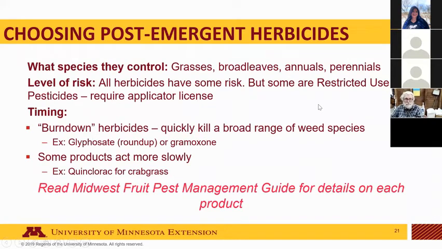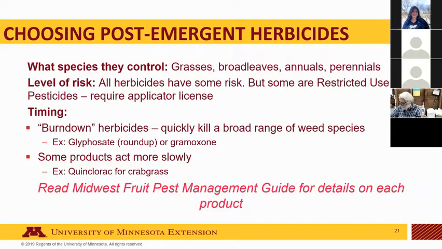Okay, so choosing post-emergent herbicides, there are a number of things that you want to think about when you're choosing which herbicides to use. The first thing to think about is what weed species that product is most effective on, and what kinds of weeds you actually have in your vineyard.